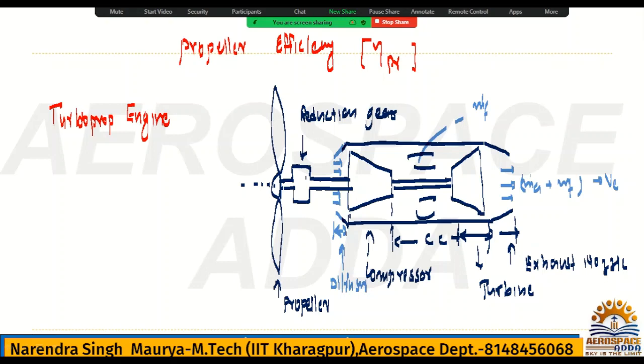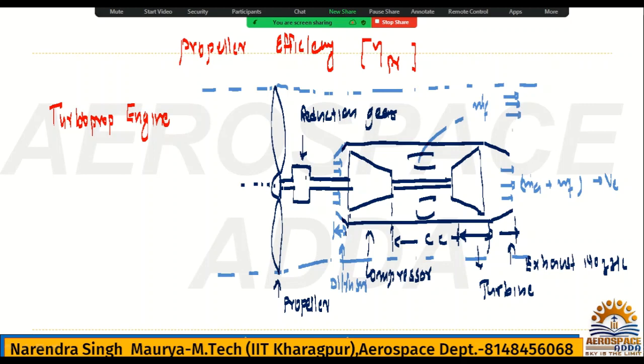So whatever the diagram, the diagram is this. So whatever thrust you are getting, it is the air which is passing from the propeller.